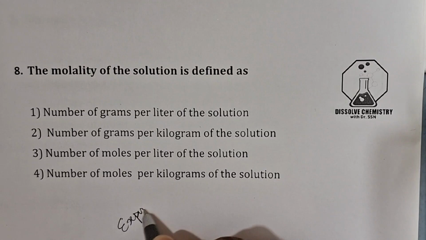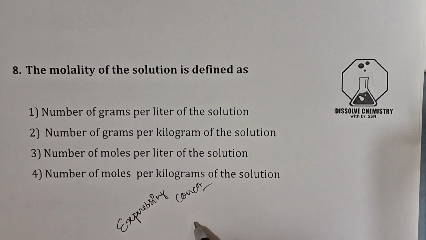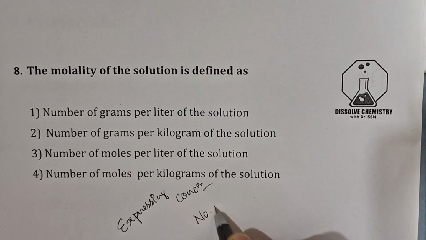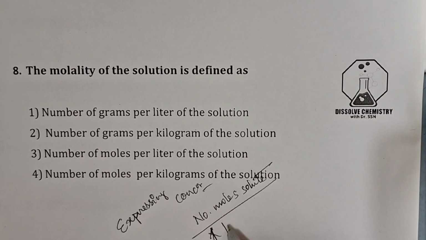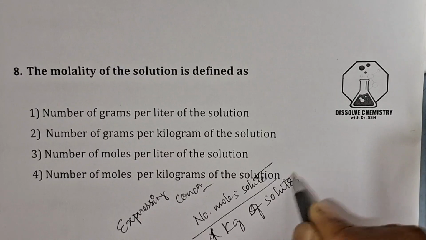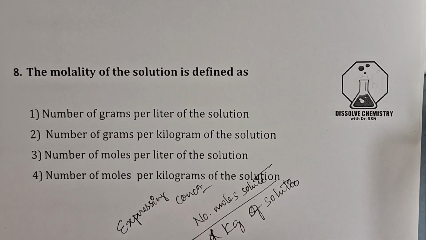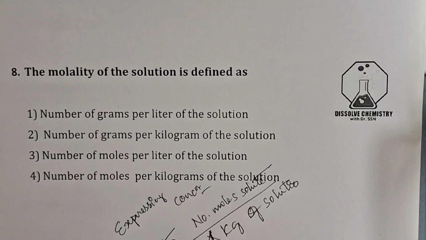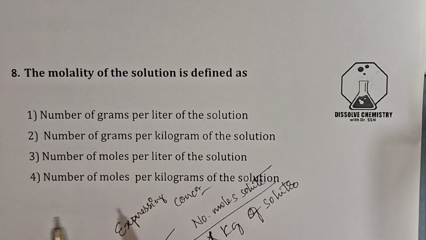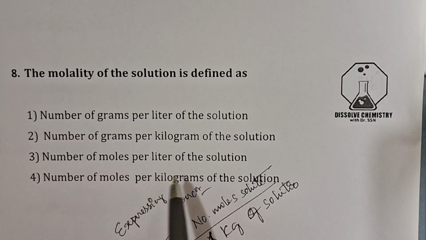Molality is one of the ways of expressing concentration. Molality is the number of moles of solute present per 1 kg of solvent. That is how we define it. The options given are: number of grams per liter of the solution, number of grams per kilogram of the solution, number of moles per liter of the solution, number of moles per kilogram of the solution.